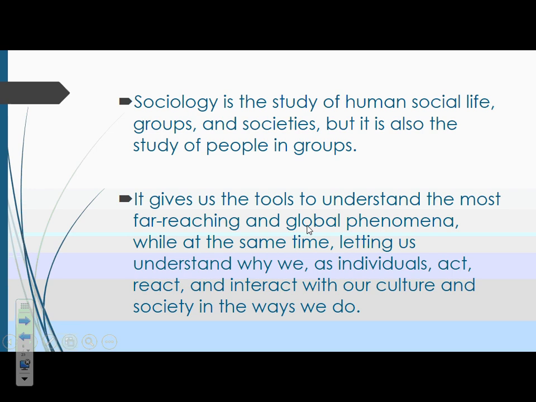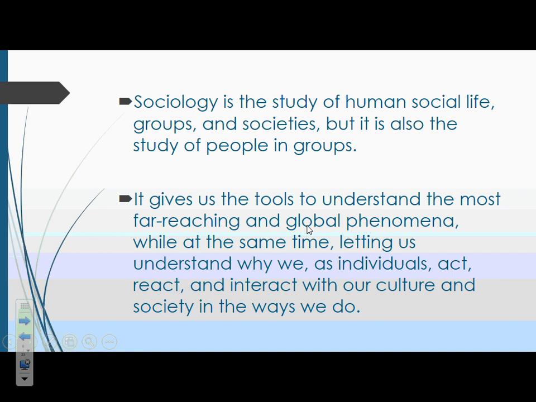We're looking at global phenomena, and at the same time it's letting us understand why we as individuals act and react and interact with our culture and society in the ways that we do. Sociology challenges us to leave the familiar behind and to delve into inner workings of our society. Sociology demonstrates that we need to take a broader look at why we are who we are and why we act as we do.